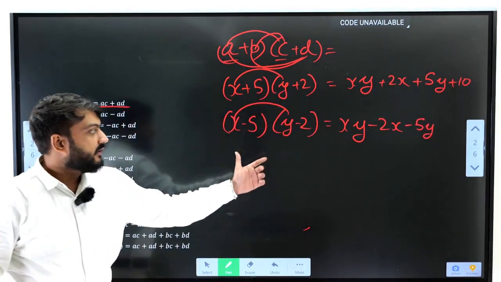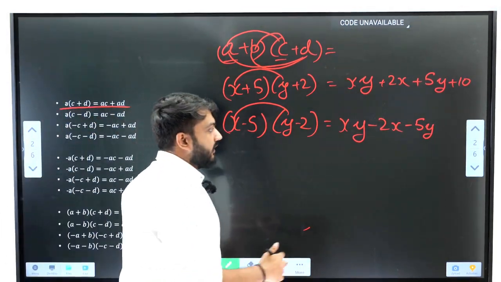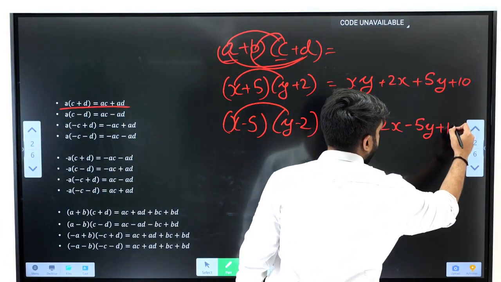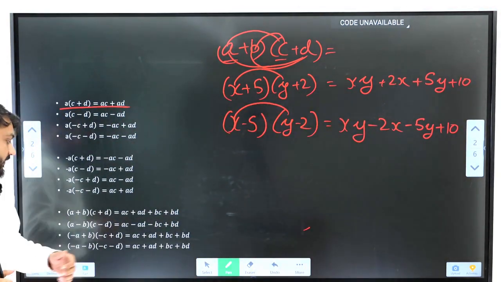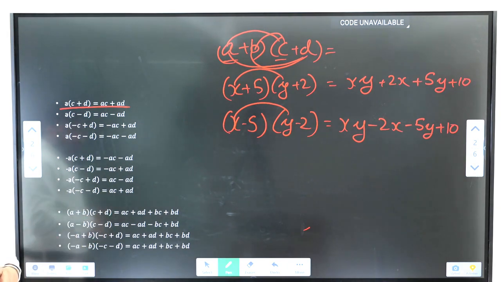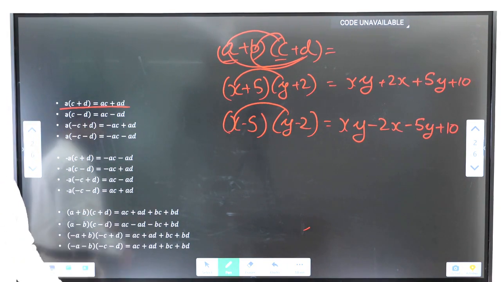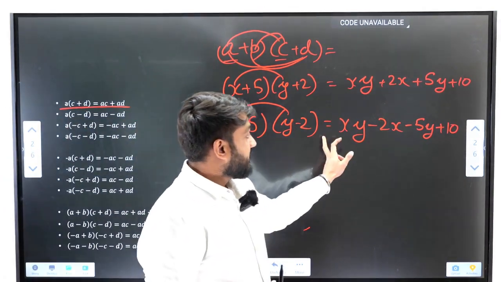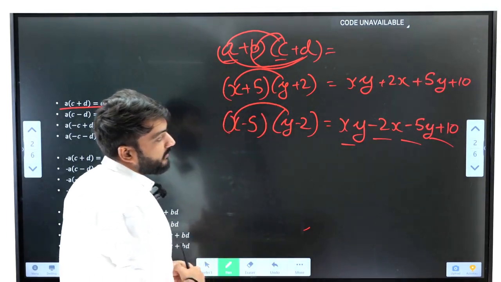And then minus 5 into minus 2, both the numbers are negative, so again I get a positive 10 over there. So this will be my answer here. As you can see here, (a minus b) into (c minus d) gives me ac minus ad minus bc plus bd.